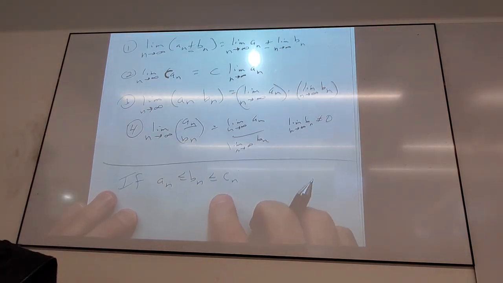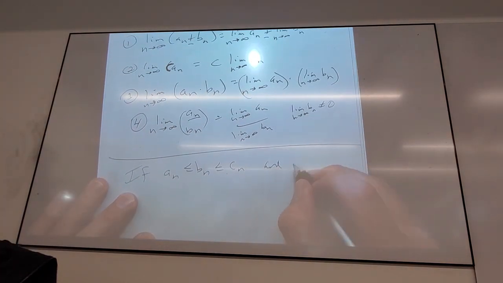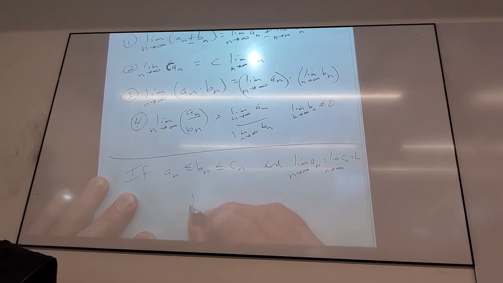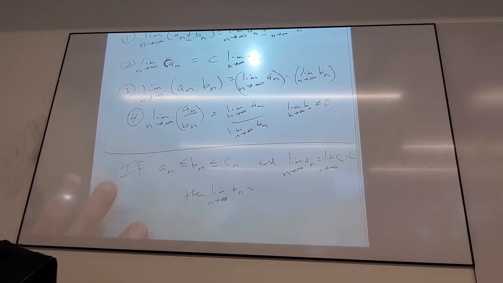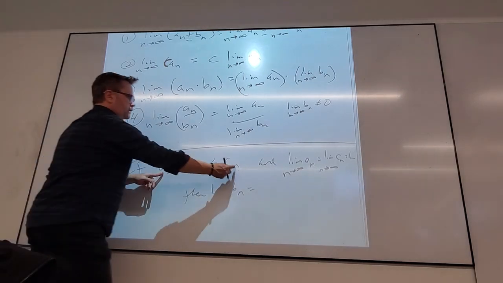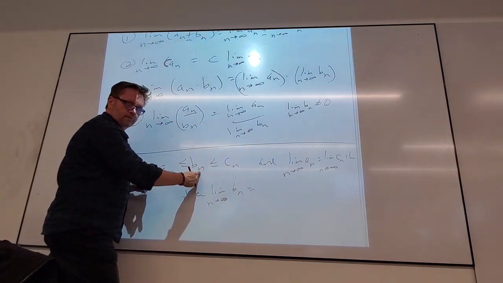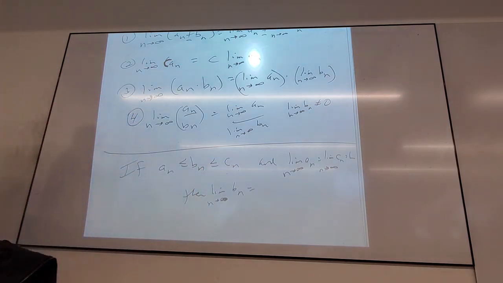So if this is true, and the limit as n goes to infinity of a_n equals the limit as n goes to infinity of c_n equals L, then the limit as n goes to infinity of b_n, this is so exciting, what would that have to be? If this goes to L and this goes to L, then the middle one has got to go to L, yes?